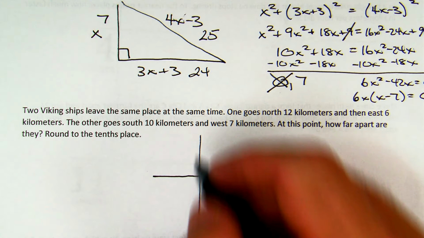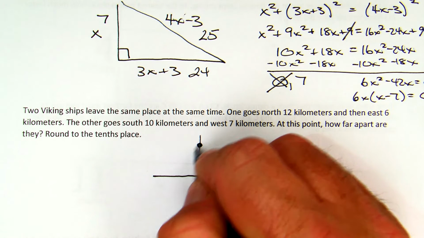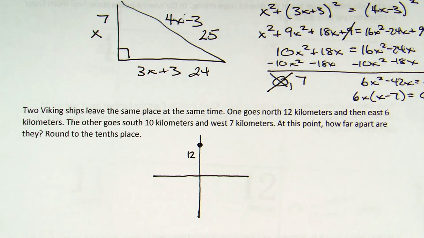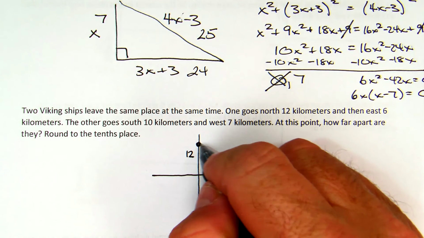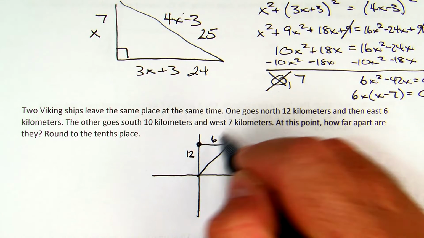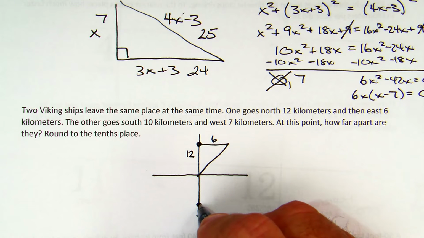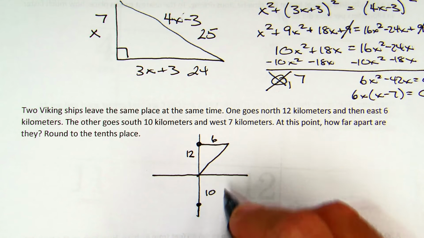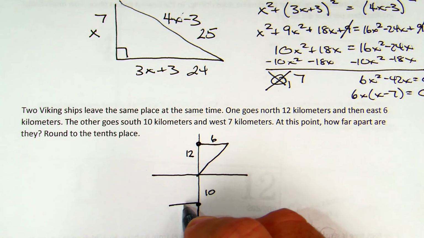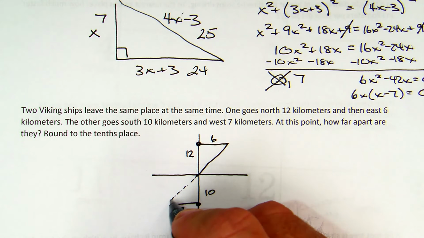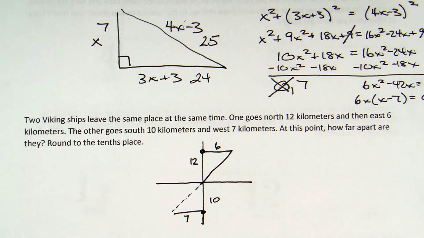So the first one goes north 12, and then east 6. The other one goes south 10 and west 7. We're going to assume that they're a straight line distance away from each other.